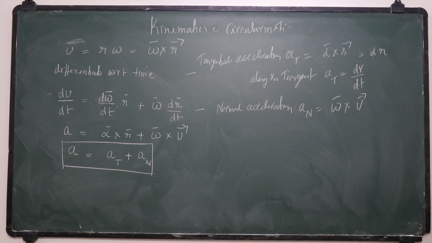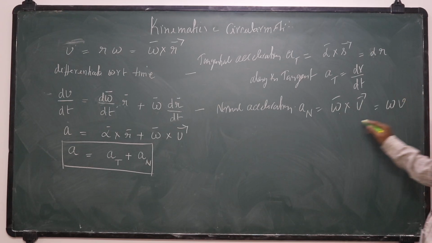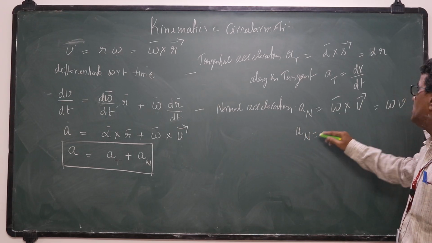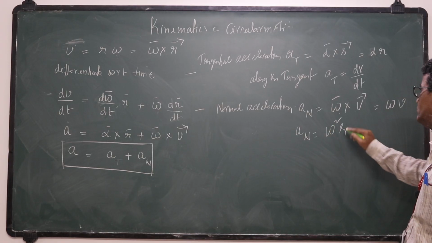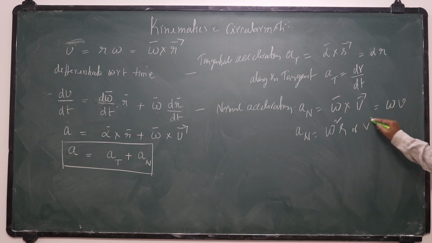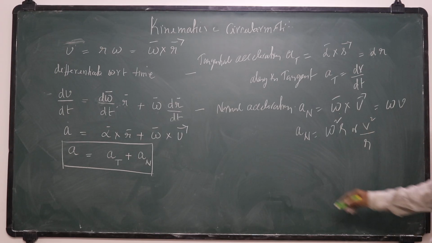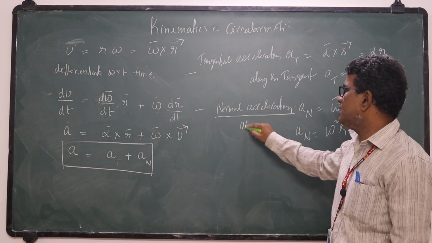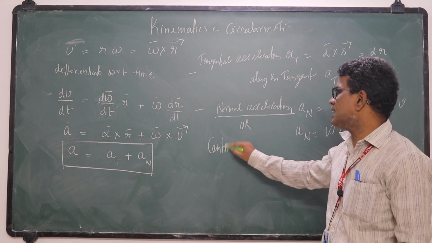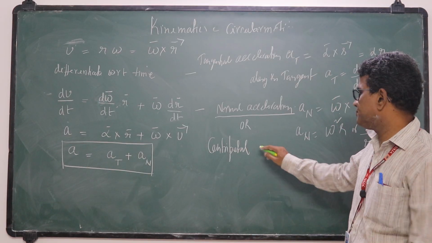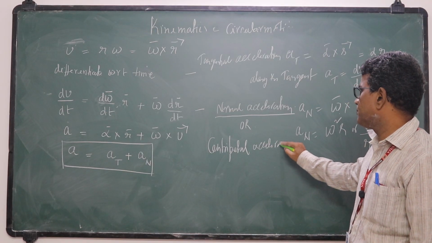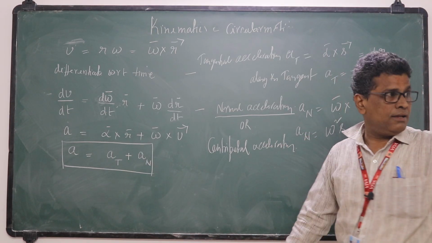Omega and V are perpendicular to each other, so we can also write it as omega V. Since V is equal to R omega, an is equal to omega square R or V square by R. This acceleration is called normal acceleration, or centripetal acceleration.